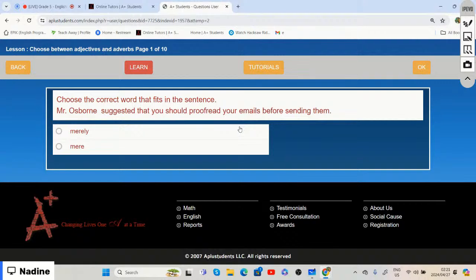Or do we say Mr. Osborne mere suggested that you should proofread your emails before sending it? So Mr. Osborne merely or mere suggested that you should proofread your emails before sending it. Which one do you think is the correct word?